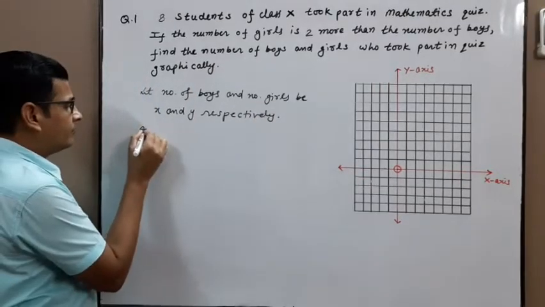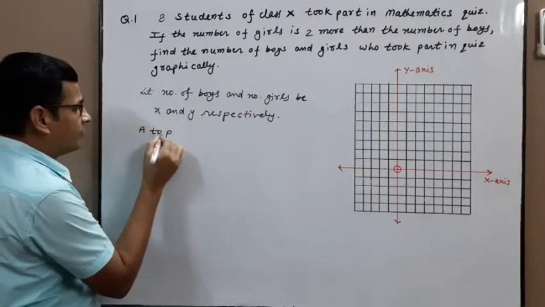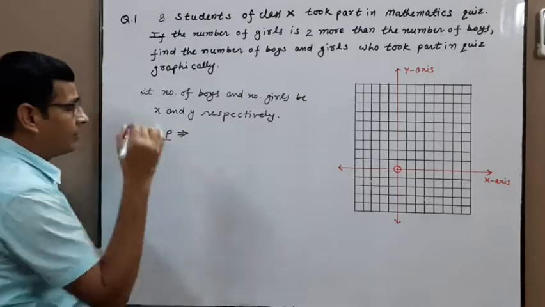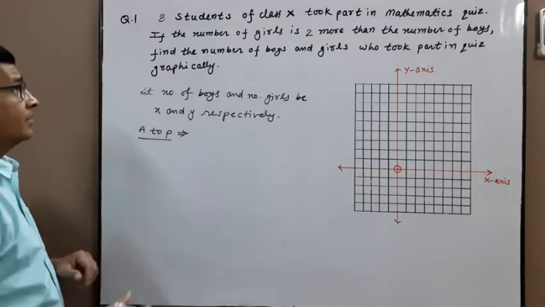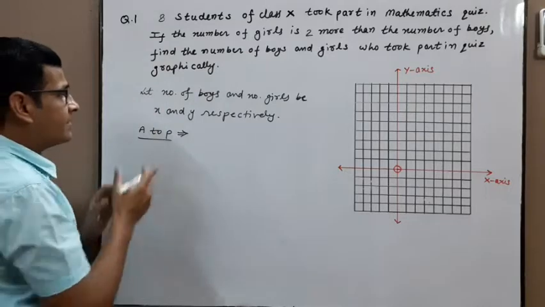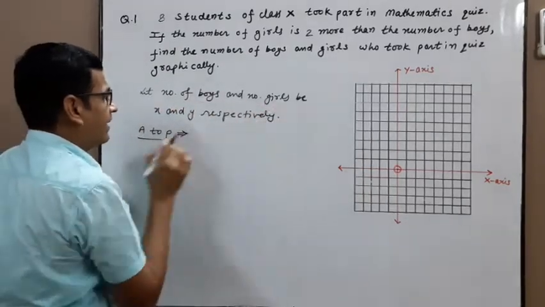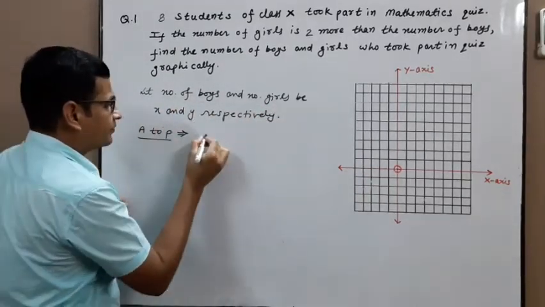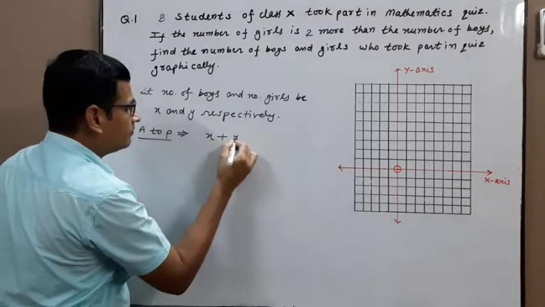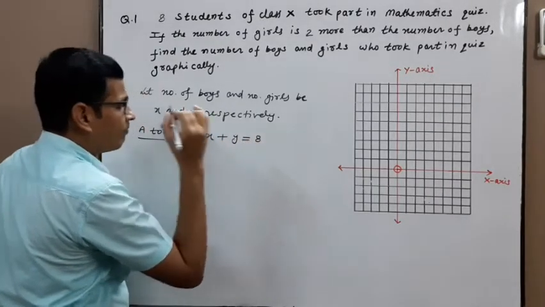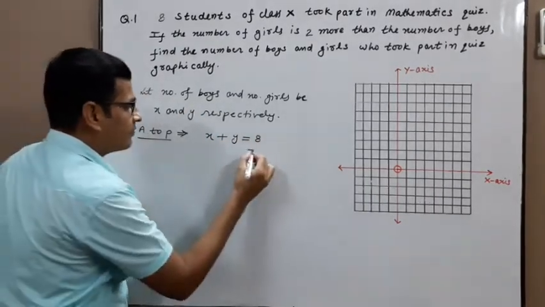According to the problem, total students 8 means the sum of x plus y is equal to 8. Equation number 1.